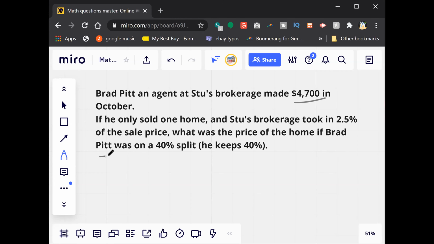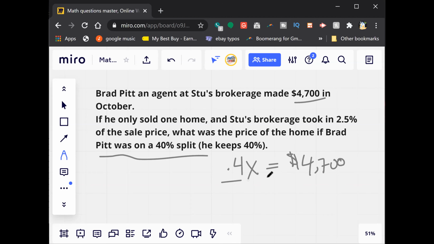So Brad Pitt's split was 40%. So what happened was this. We multiplied something by 0.4 because that's the decimal numerical representation of 40%, right? So again, I'm going to use the algebraic equations on this because here's what happened. 0.4 times something gave us Brad Pitt's $4,700.